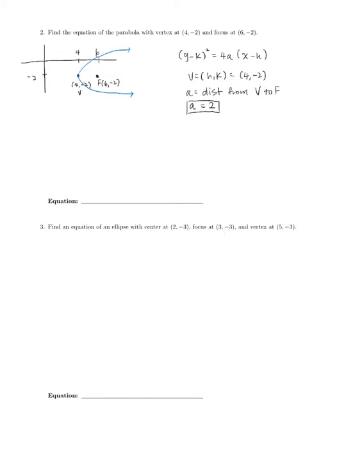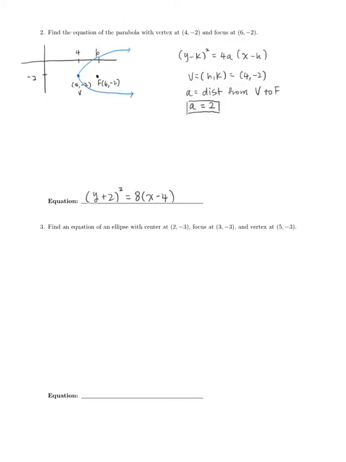Okay, now let's write the equation out. So we're going to have y minus negative 2, so plus 2 squared, equals 4 times a, which is 4 times 2. We're going to have 8, and then x minus 4. Okay, so that's the answer.